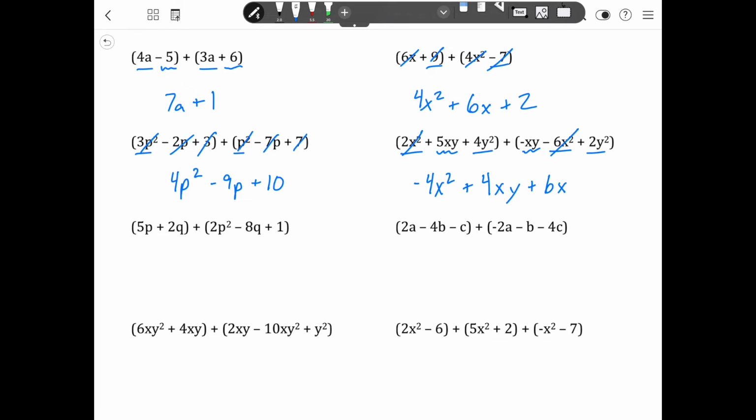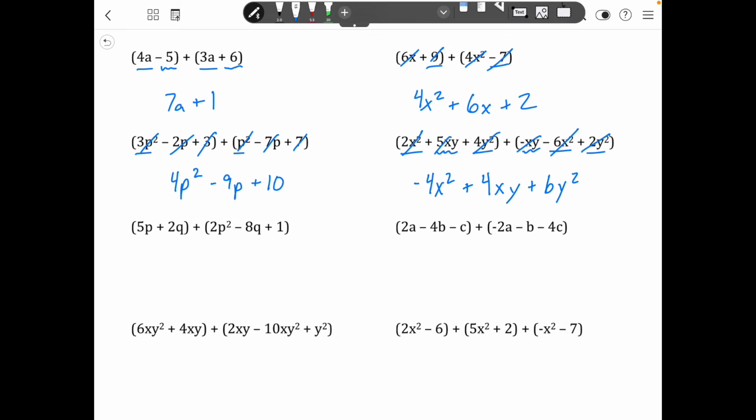And then we have the y squareds. So 4y squared plus 2y squared equals 6y squared. And we're just going to do that same process for all of these problems.